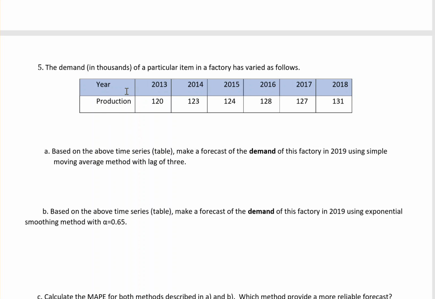It is a time series. You have the years from 2013 to 2018 and the corresponding demand in thousands, right? So be careful about the unit when you interpret your results.